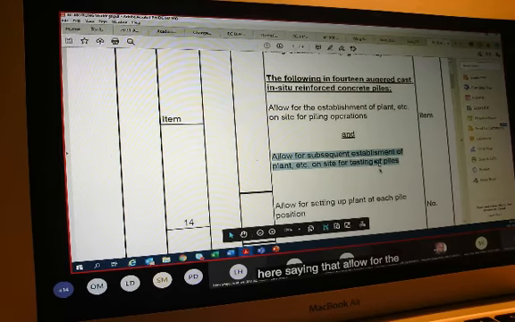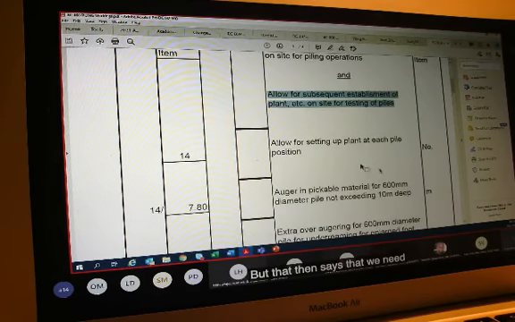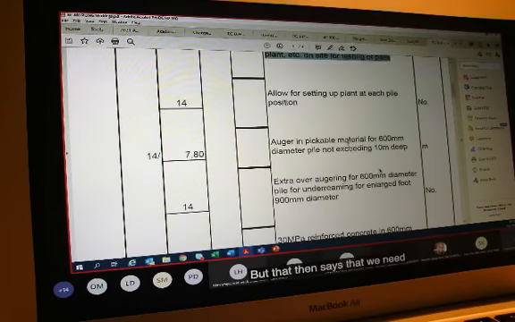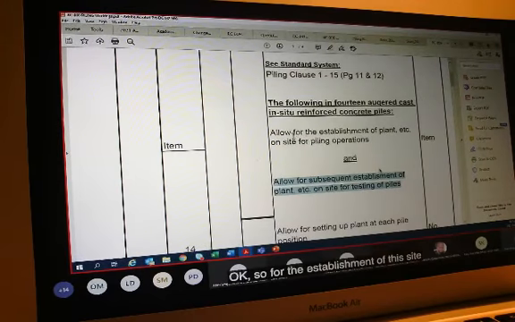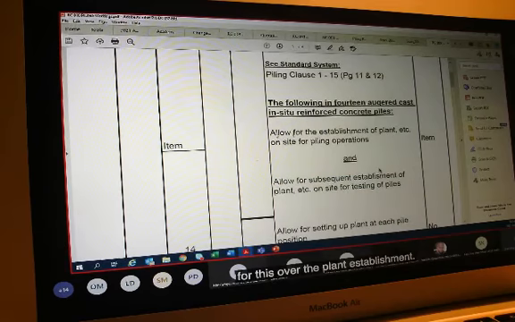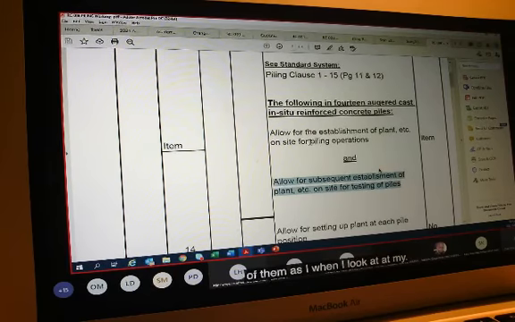So this section here would not form part of that, and we would have a separate description saying allow for the establishment of plant on site for the testing of the piles, but that then says that we need to only test 3 of them. So the establishment of the plant for the site is for the 14, and this would not form part of that because it will form part of the separate item, whereby I would say that we only test 3 of them.